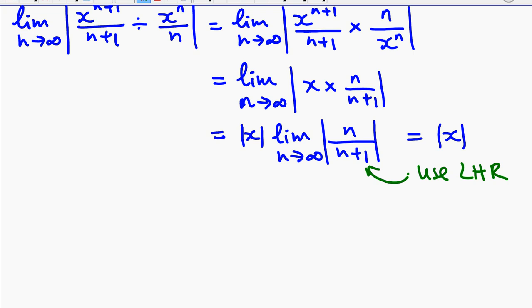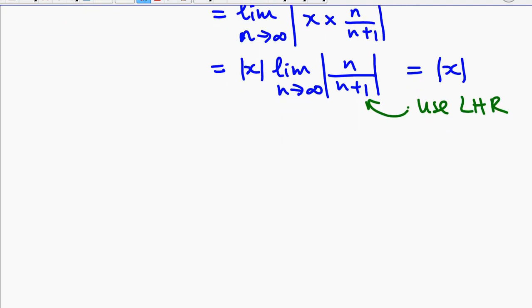We know that a power series converges if, actually from ratio test, we know that a series converges if the limit of the absolute value of S sub n plus 1 divided by S sub n is less than 1.